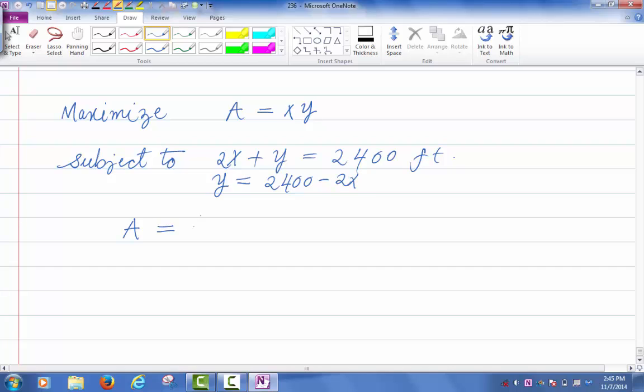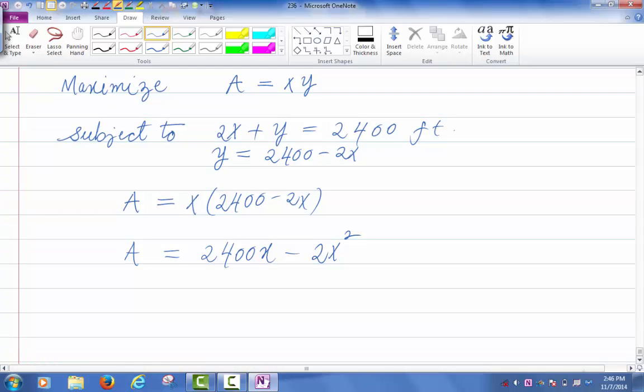So now in the area formula I can replace y by 2,400 minus 2x, and that would tell me that A is 2,400 times x minus 2x squared.